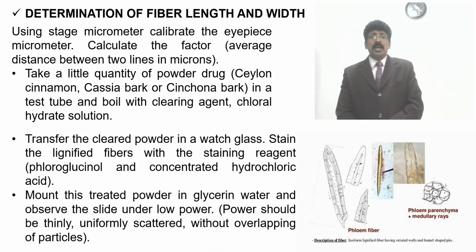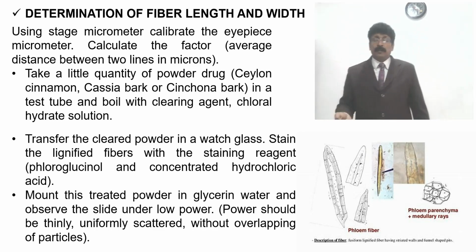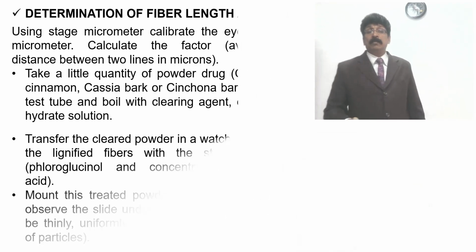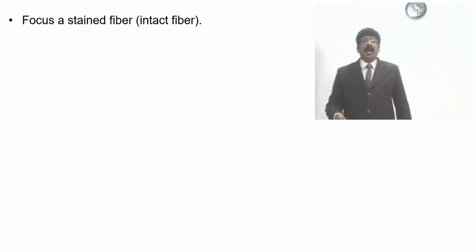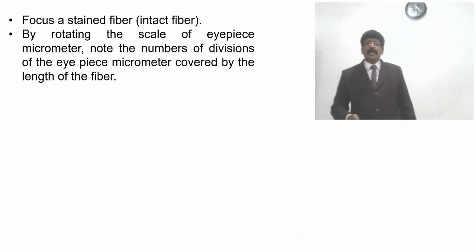Mount the powder in glycerin water and observe the slide under low power first, and then it can be converted according to the calibration which you made. Focus on the stained fiber by rotating the slide and the eyepiece micrometer.